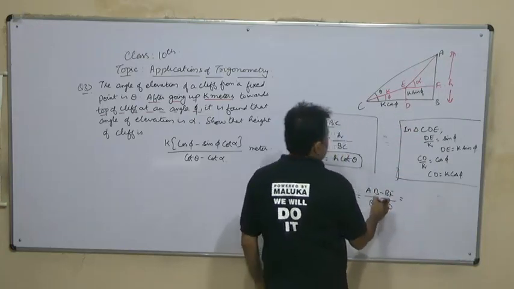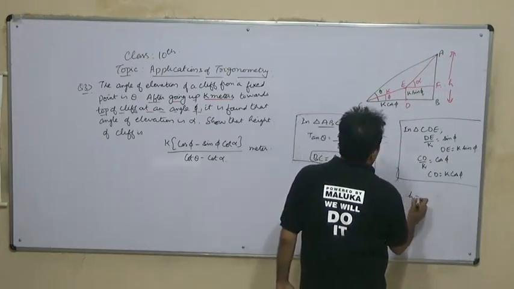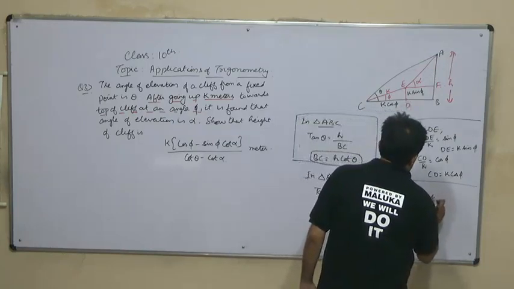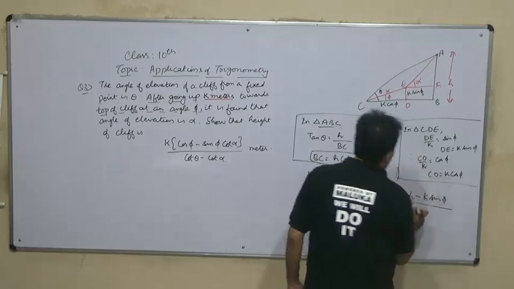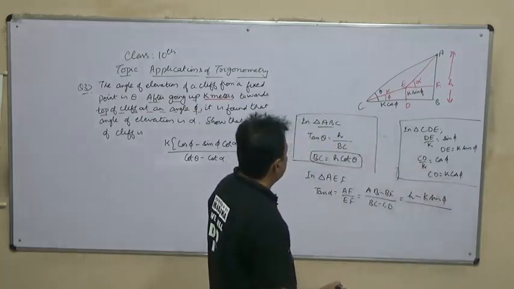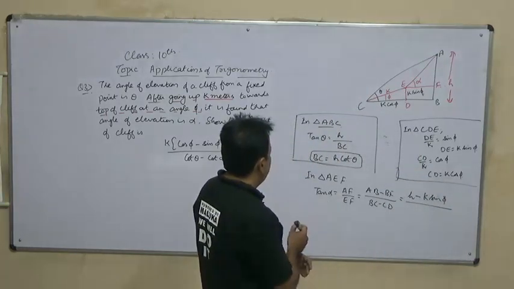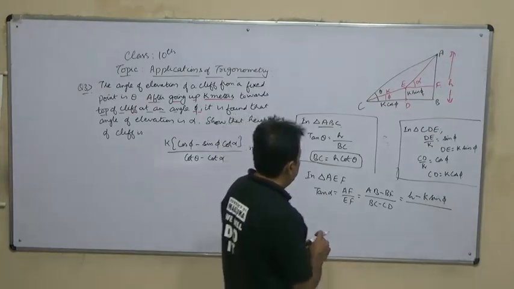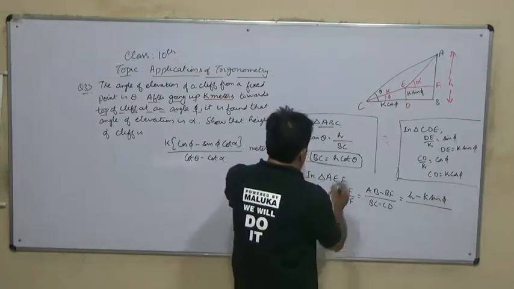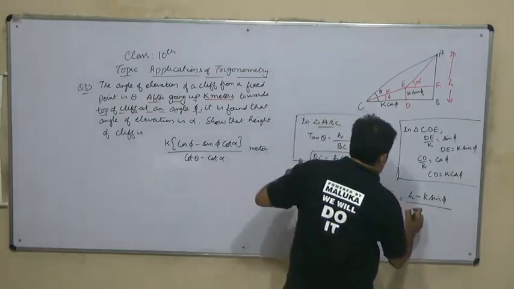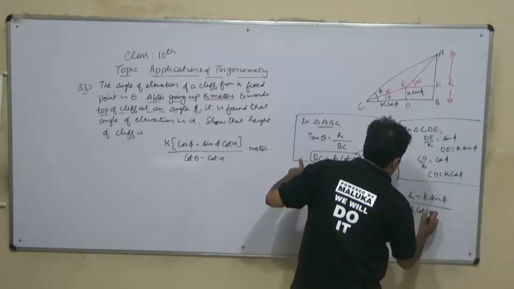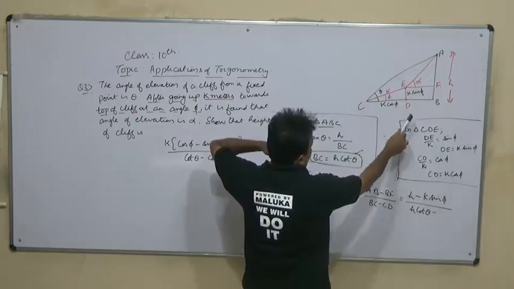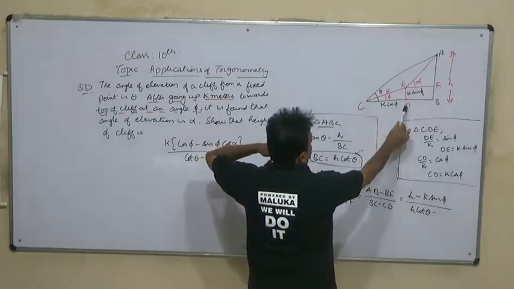So AB is H, which we want to find. What is BF? BF is K sin phi. Upon BC minus CD. BC is this H cot theta minus CD. CD is K cos phi.